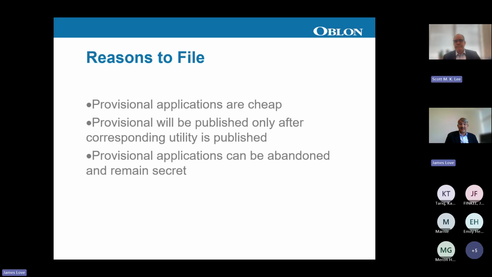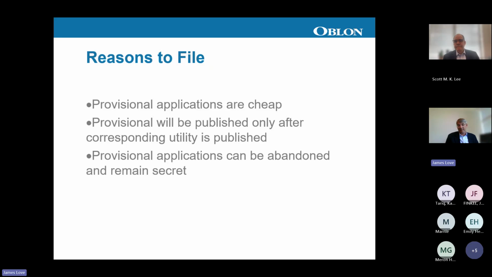Also, on the reasons to file, provisional applications are cheap. As I said before, there are not a lot of requirements about how you do it, so it's a lot cheaper. The patent office doesn't charge a lot of money for provisional applications, and they're not published if you don't actually file a utility. So if you have an idea, you can put it in a provisional, and if you just leave it and after 1 year decide not to file a utility, it won't be published. It remains secret, so it's a great option just to protect yourself.